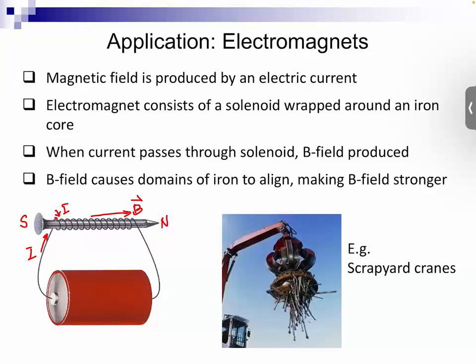There's no current flowing through that magnet. Why is that magnet magnetic? And why is it that only certain materials can become magnets, and why is it that wood will never become magnetic? Have you ever wondered about that? Probably not. But we will learn why magnets are magnetic.